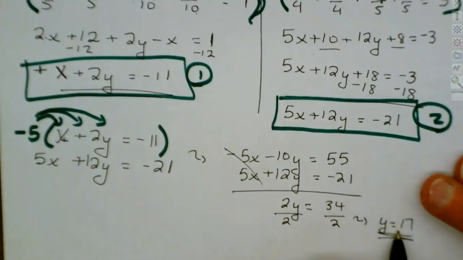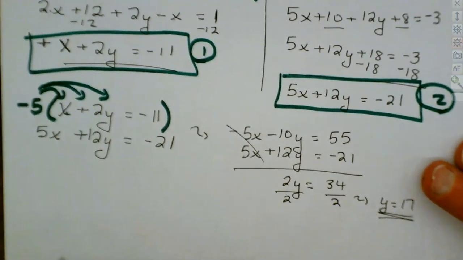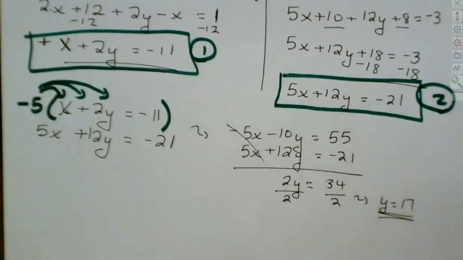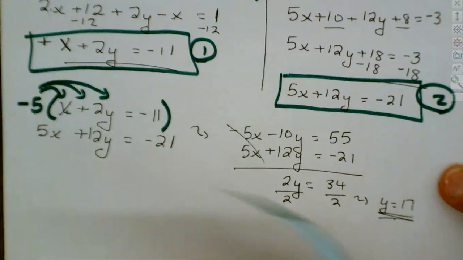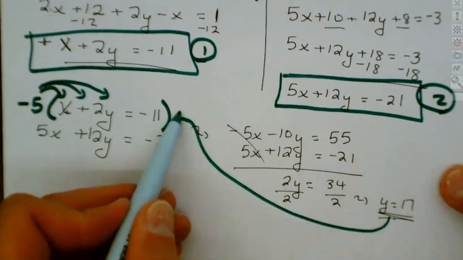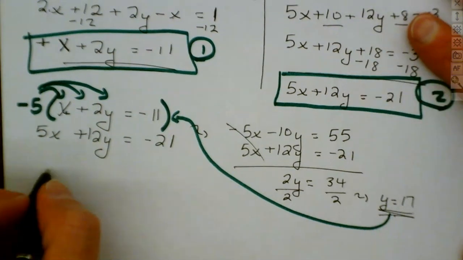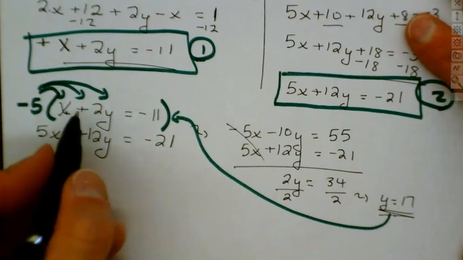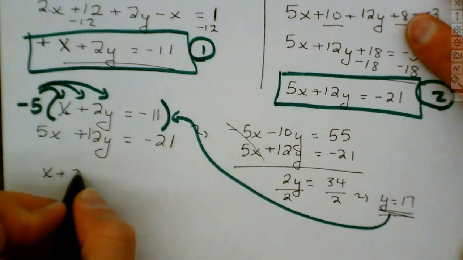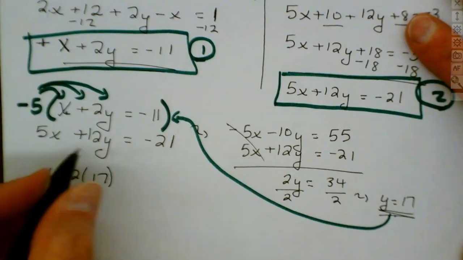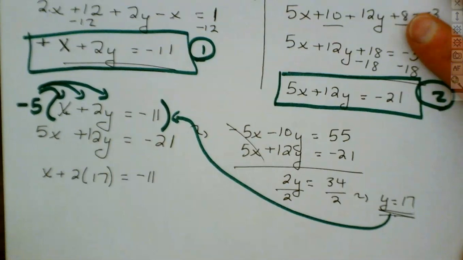Okay, so we'll just take this variable here and we'll plug it back in. Now, where do we want to plug it back into? Whatever's easiest. So, it doesn't matter. I'm going to plug it in here. Plug it in wherever you want. So, we got x plus 2 times your 17. That equals your negative 11.